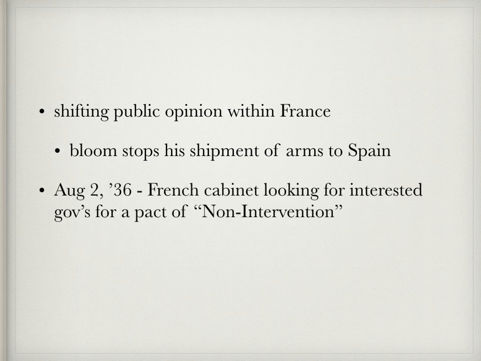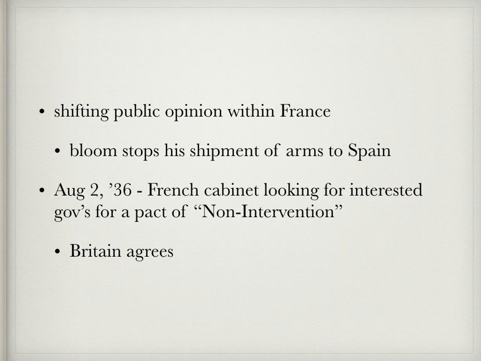On August 2nd, 1936, the French cabinet was looking for interested governments for a pact of non-intervention. And obviously, Britain would agree to this. So ultimately, what's going to happen now is France is going to close its borders.